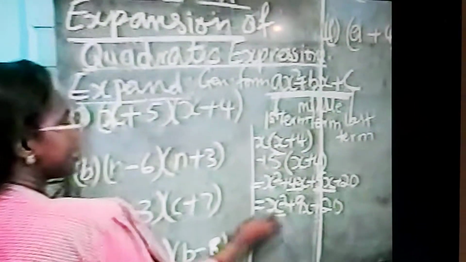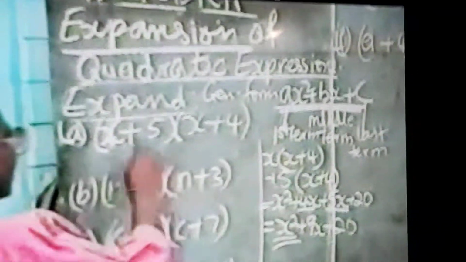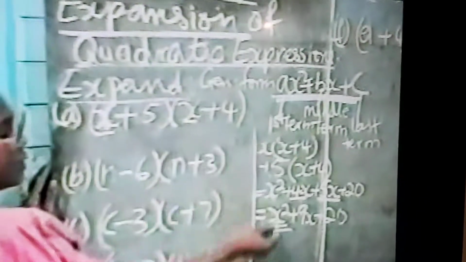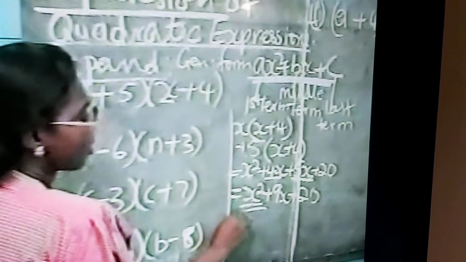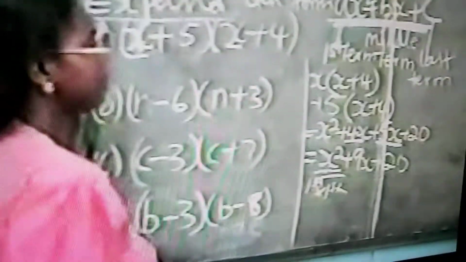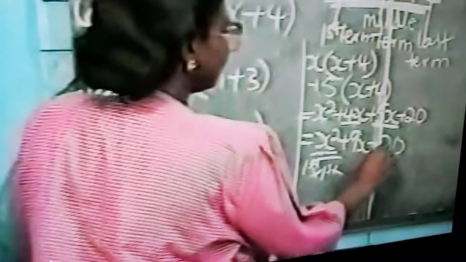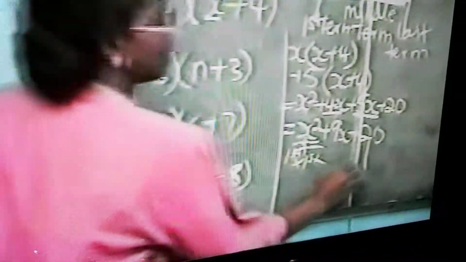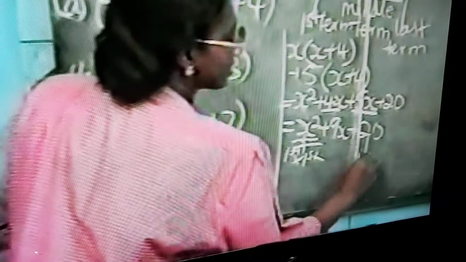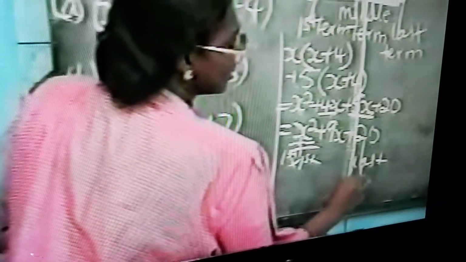The first term is the first thing times the first thing, you will agree with me. So first term is first times first. The last term is 5 times 4. That is, it is the last times the last.